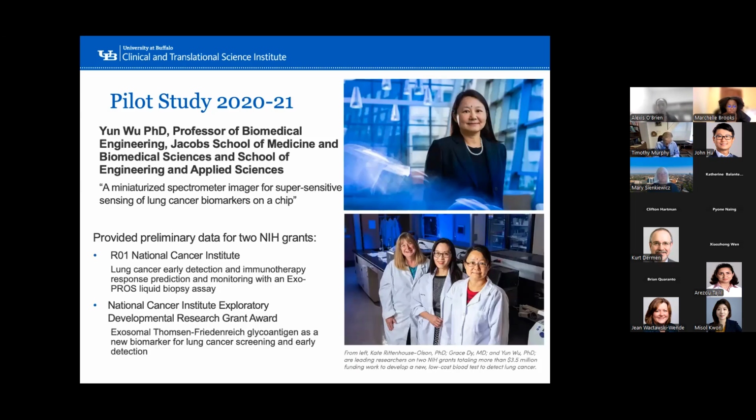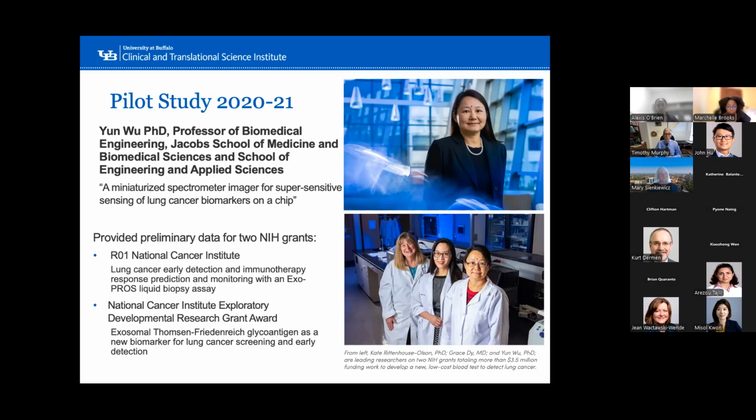So you can also do basic science pilot studies that are translational science. So Dr. Yoon Woo is professor of biomedical engineering. That's a department that spans the Jacobs School of Medicine and Biomedical Sciences and the School of Engineering and Applied Sciences.